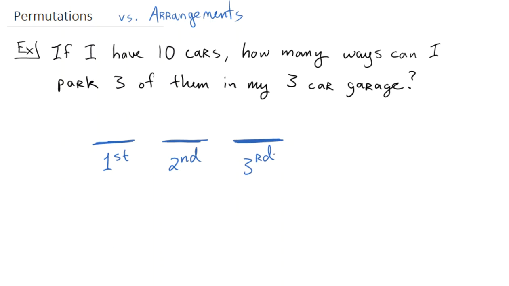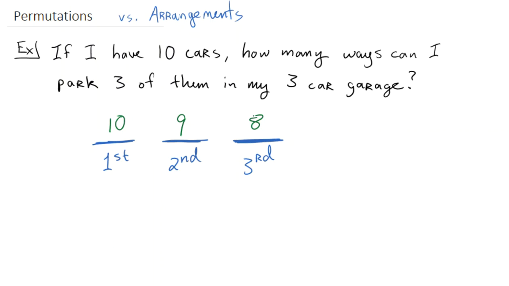Now, in terms of our cars, we have 10 choices for which car we park in our first garage bay. And then we have 9 choices for which one goes in our second garage bay because we've already parked one, so we can't park it in 2 different slots. And then we have 8 choices for which one goes in our third garage bay.